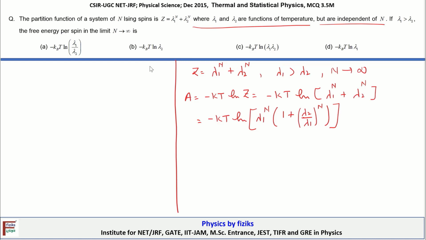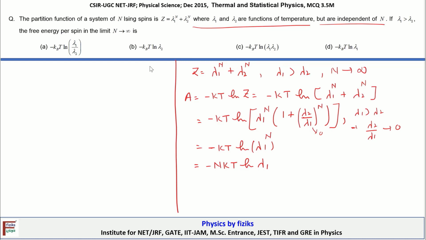Now we will make use of the approximation that because lambda 1 is larger than lambda 2, lambda 2 by lambda 1 approaches 0. So in that approximation this term can be neglected here. So this is equal to minus kT ln lambda 1 power n, or this is equal to minus n kT ln lambda 1.